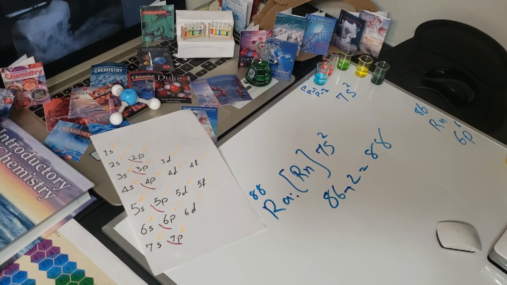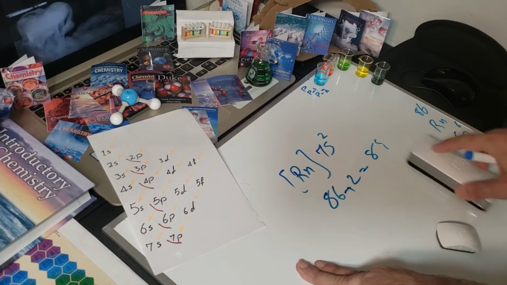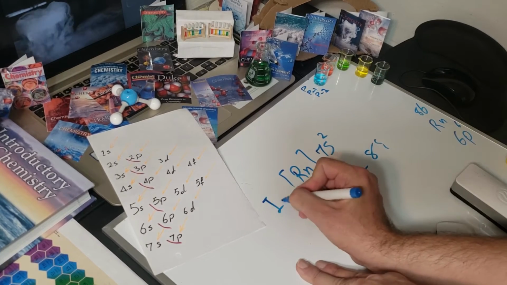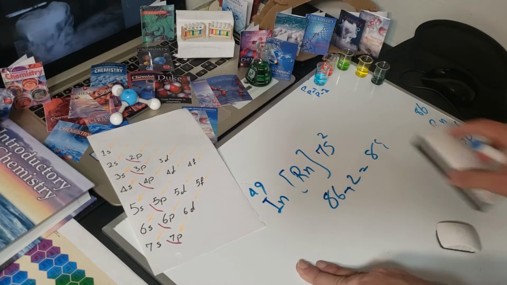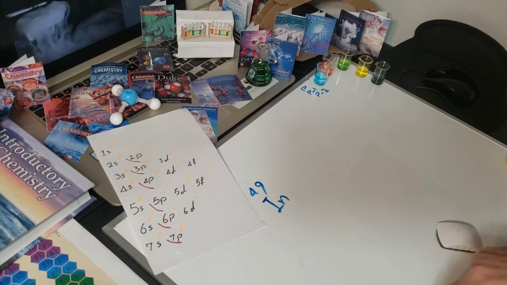The next one that I want to do is indium 49. In49. Indium is also a main group element, so I have to do my gridlock job again to find out about that.